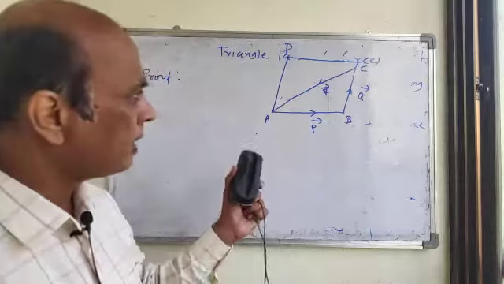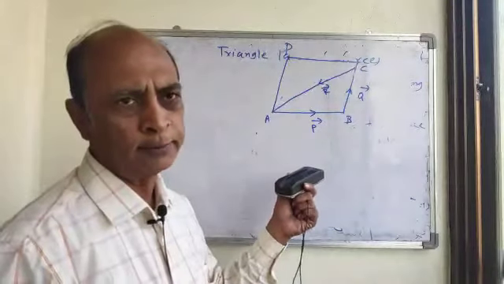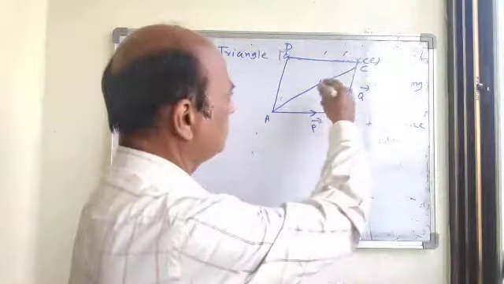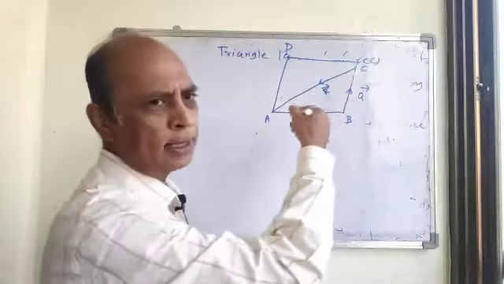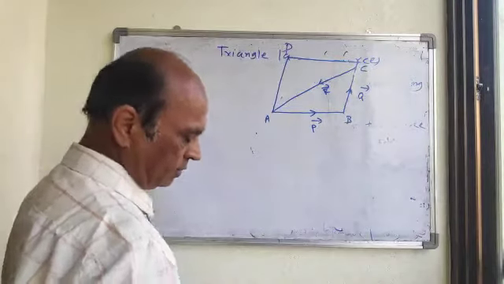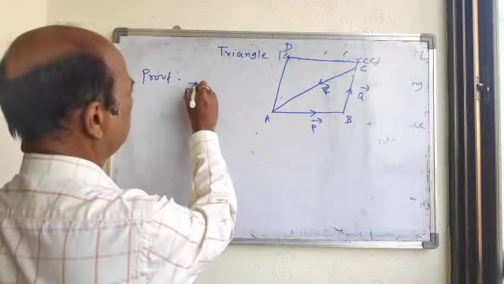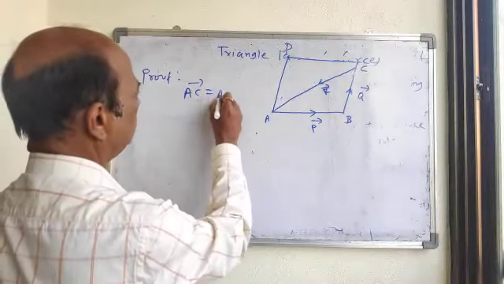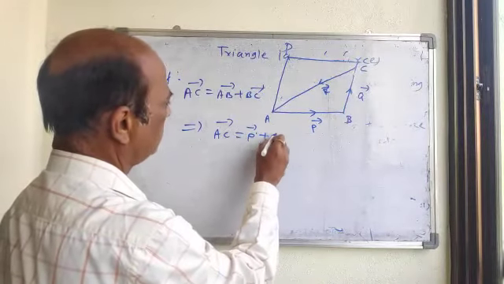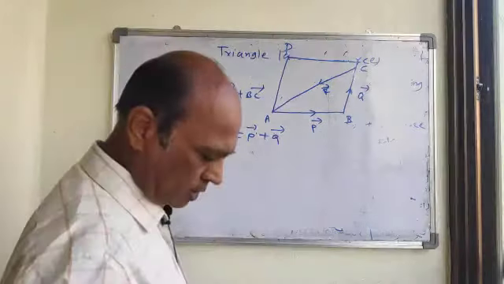By the law of parallelogram of forces, which we have seen previously, AC bar is the resultant of AB bar and BC bar. So here we can write AC bar is equal to AB bar plus BC bar, which implies that AC bar is equal to P bar plus Q bar.